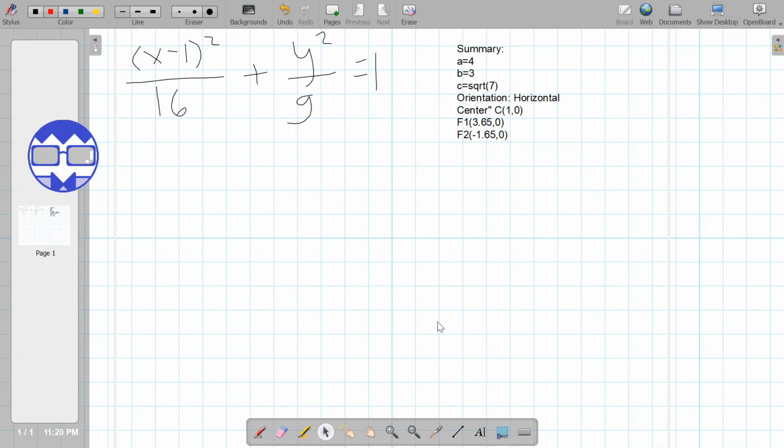We must remember that the length of the major axis is equivalent to 2a.